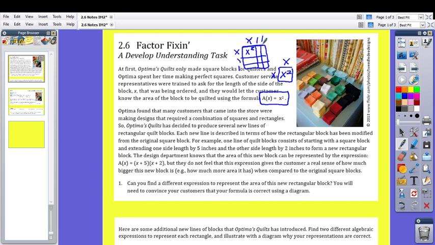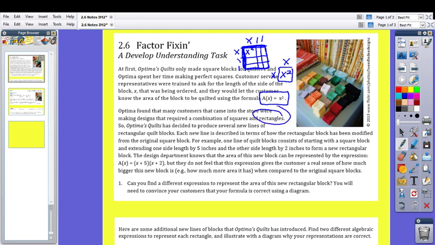But the thing was, if this side is x plus 2, then this side was also x plus 2. So basically, we used to get the square quilt, but now we are moving to rectangles.